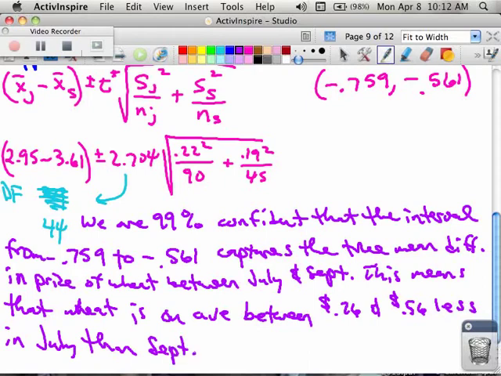And if we would have done it the other way around, we would just say that it's more in September than it is in July. So again, it doesn't matter which way you do it, put it in the context.